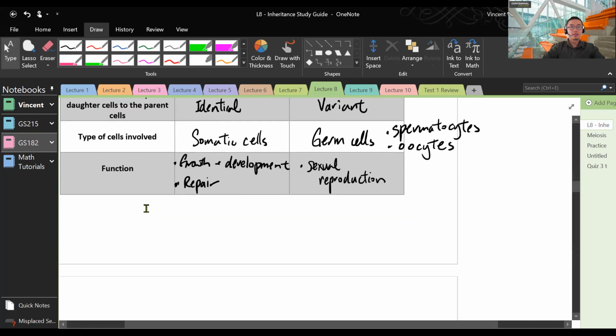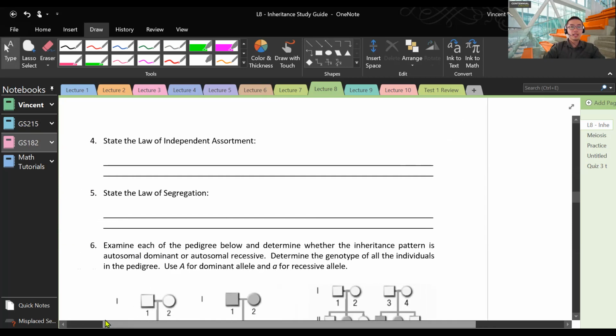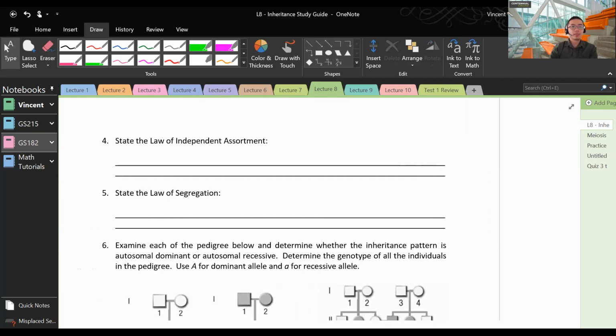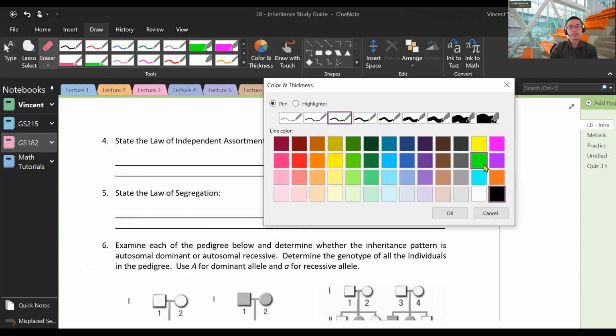All right, moving on. State the law of independent assortment. Independent assortment, what does it say?